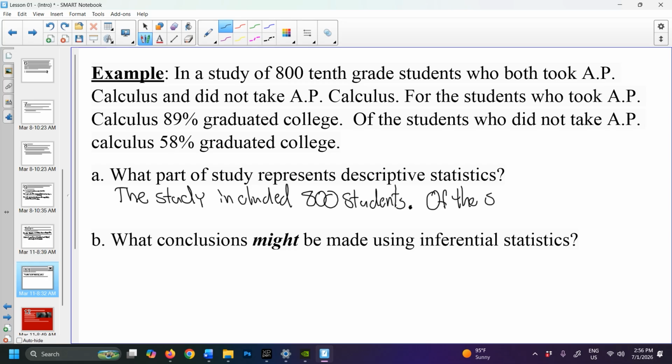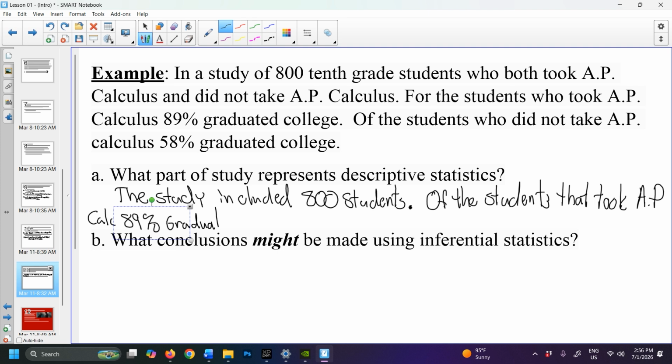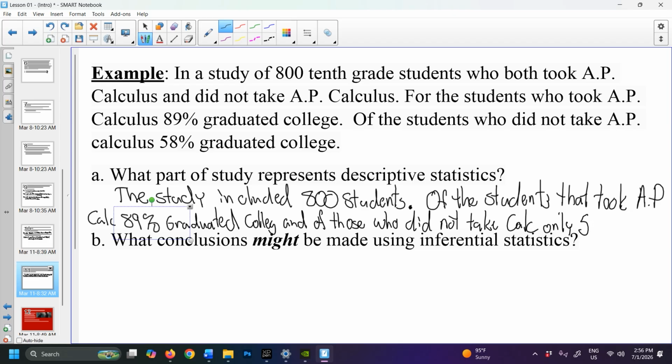Of the students that took AP Calc, 89% graduated college, and of those who did not take calc, only 58% graduated college.